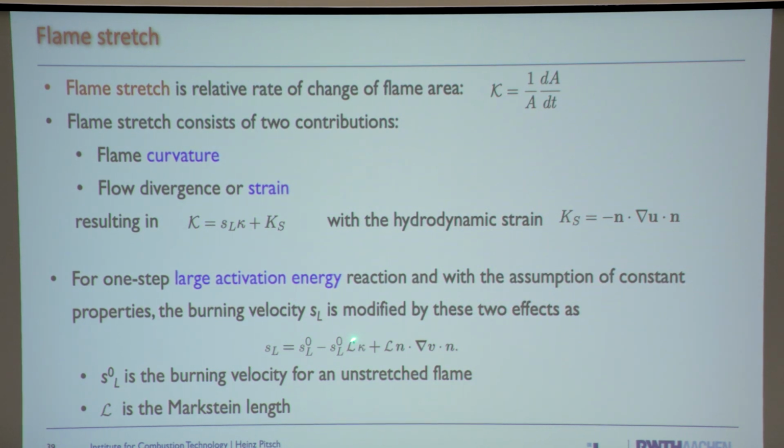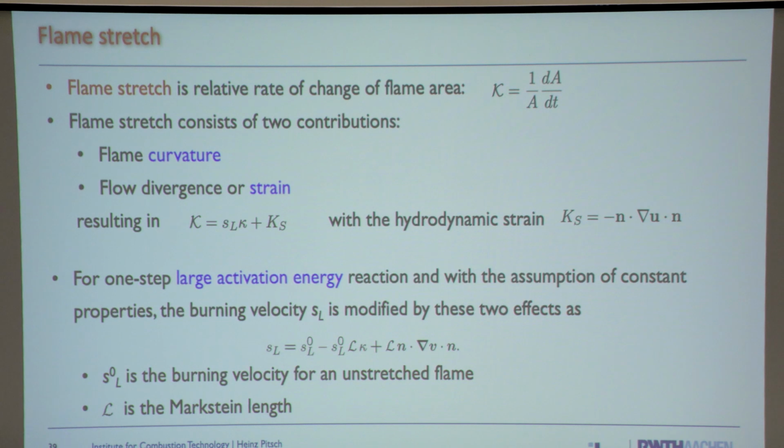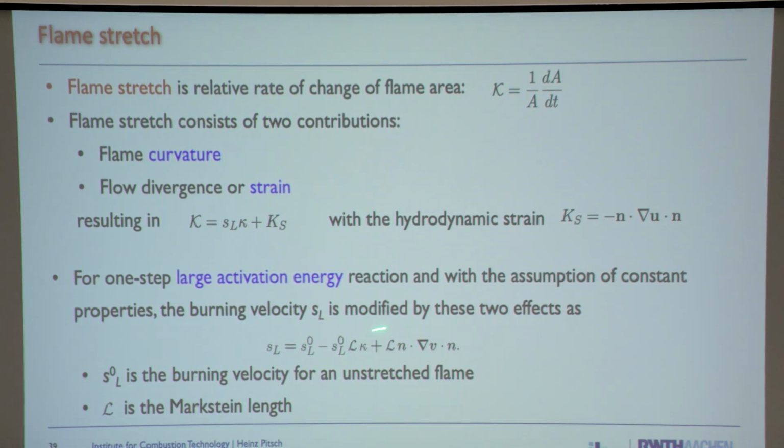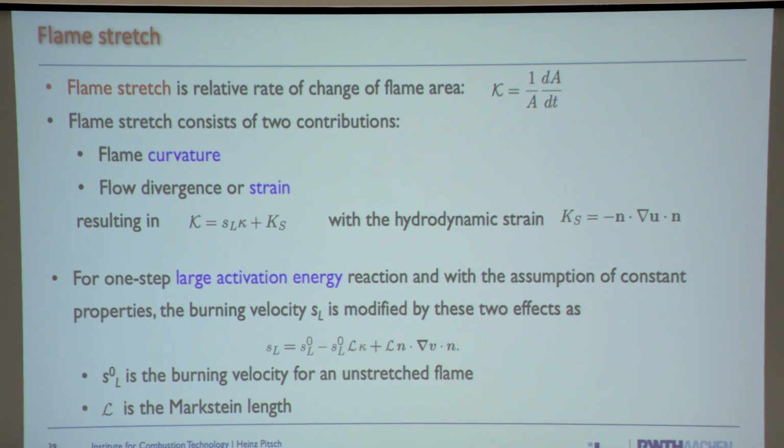And you see that we have this proportionality factor L. That's what we call the Markstein length. It has the units of length because obviously here you have SL, here you have SL, and the curvature is 1 divided by meter, so L has to have the dimensions of a length scale.